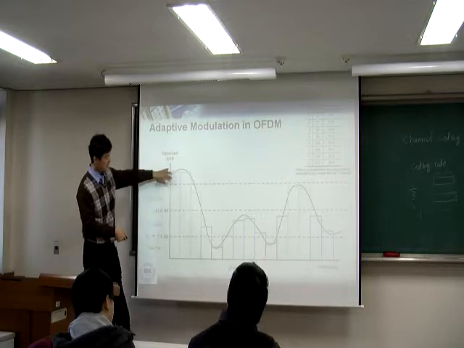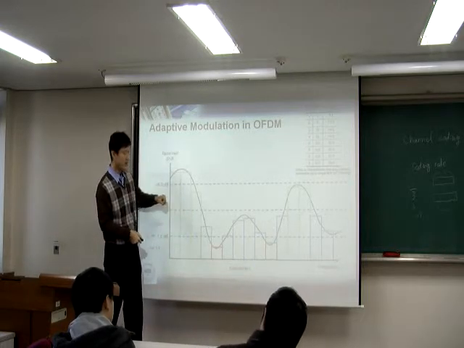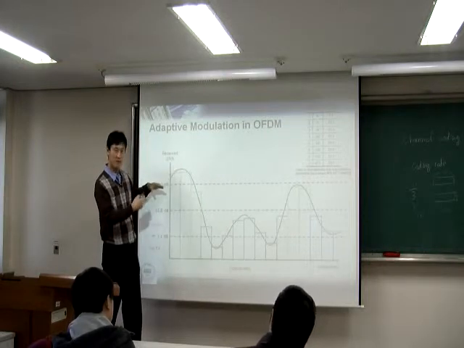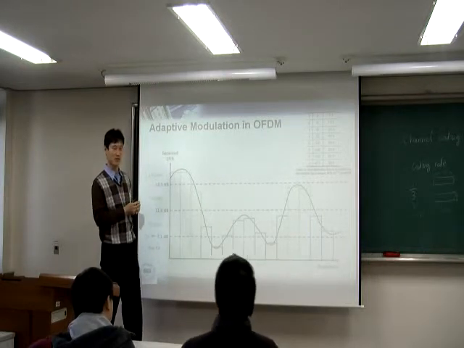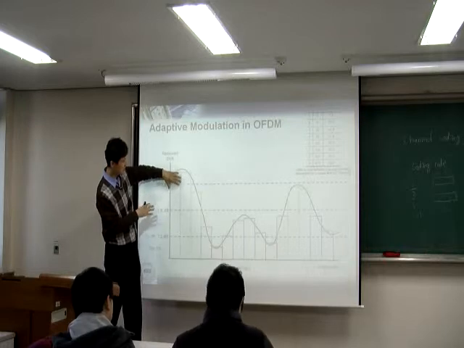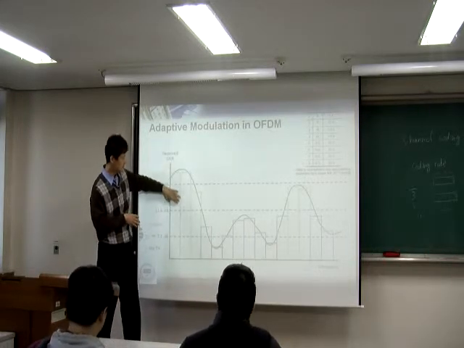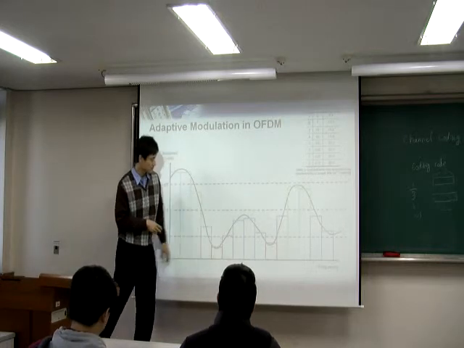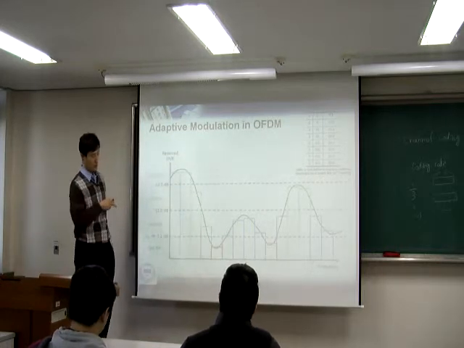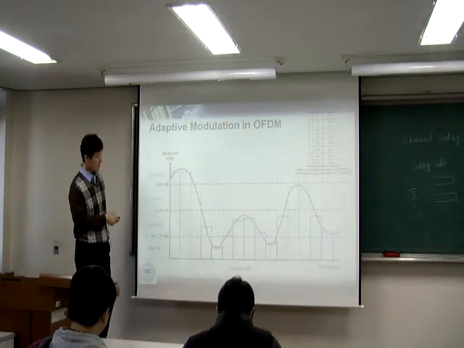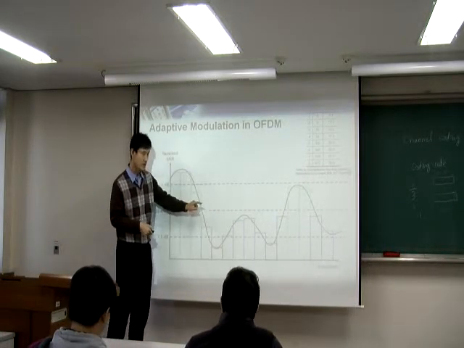And we have a subcarrier. That way, the subcarrier has to be designed. I'm saying that OFDM has a lot of parameters to design. But anyway, let's assume that the system has been designed already, like this way. So each of these is a subcarrier. Now, what you can see from this picture is that each subcarrier has a different channel condition.